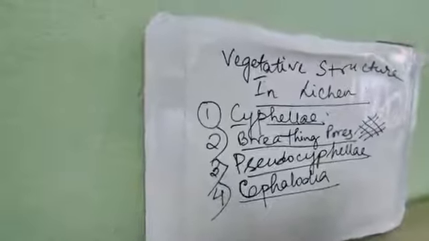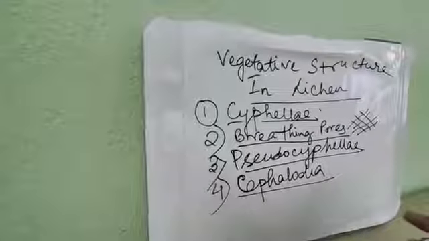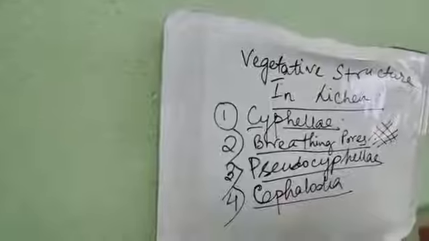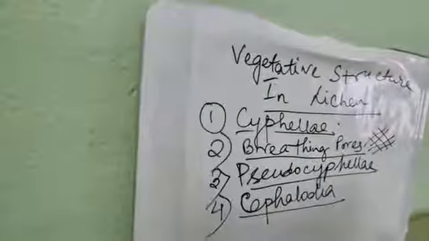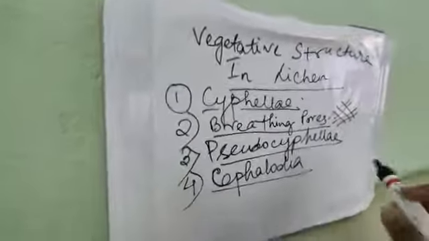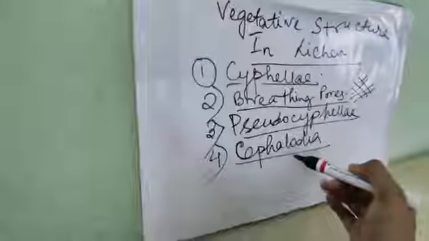One is blue-green algae, the other is green algae, combining with 1 fungus. These algae are separated from each other by dark colored gall-like structures formed by internal swellings. Those gall-like internal swellings are termed the cephalodia.